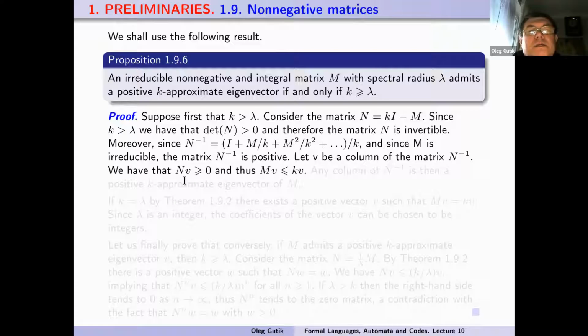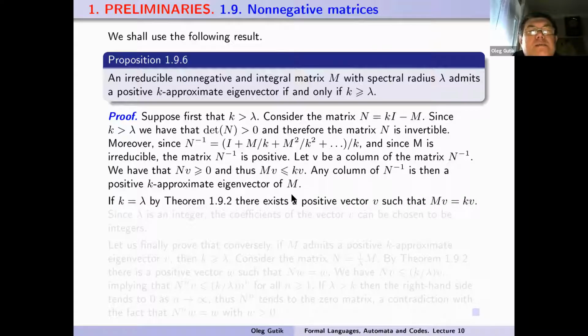We have that N multiplied by V is greater or equal to 0, and hence we get that M multiplied by V is less or equal to K V. Any column of the inverse matrix of N is then a positive K-approximate eigenvector of the matrix M.